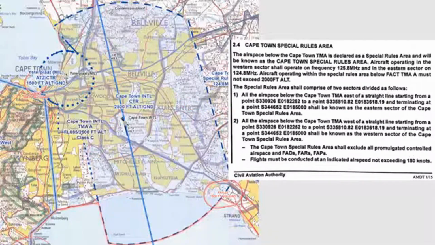Looking at this side, we're looking at the Special Rules area to the east. We have the Bottleray Hills area, as we said earlier. I'm just struggling to see on this chart here. It's somewhere over there.